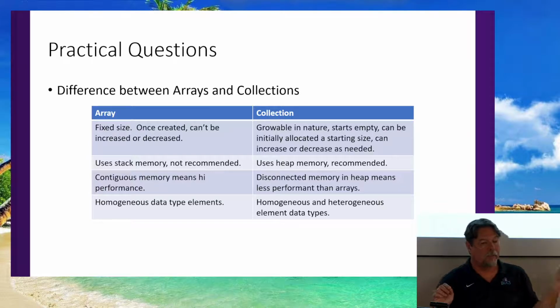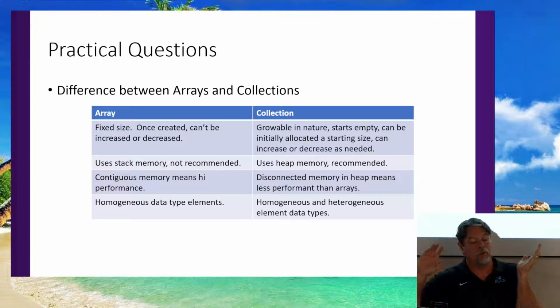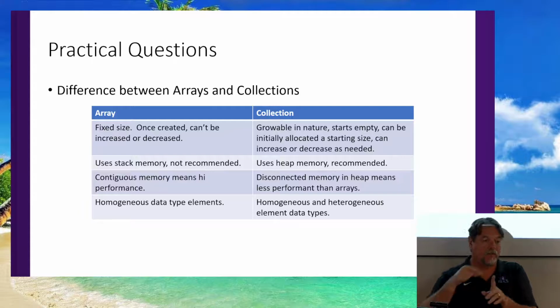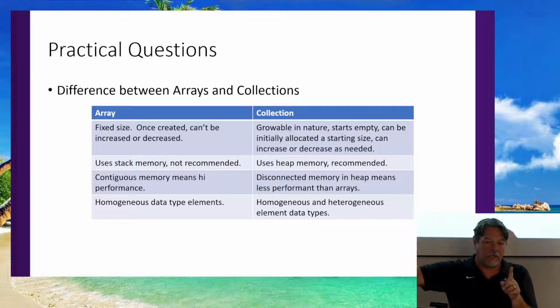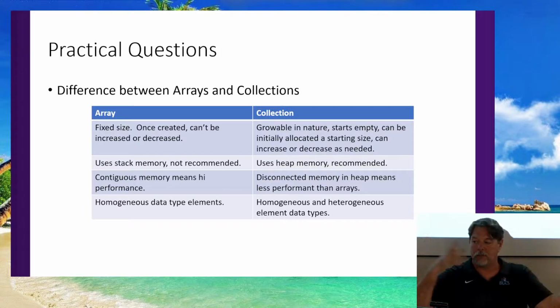You can multiply the row times the number of items in each row plus the column number, and boom, there's the memory address of the item I'm looking for. It's very fast. As opposed to a linked list, where if you want to access the 18th element, you have to start at the head and go next 18 times to find the 18th item. So that disconnection in the memory allocation of the elements in the collection can make it less performant.